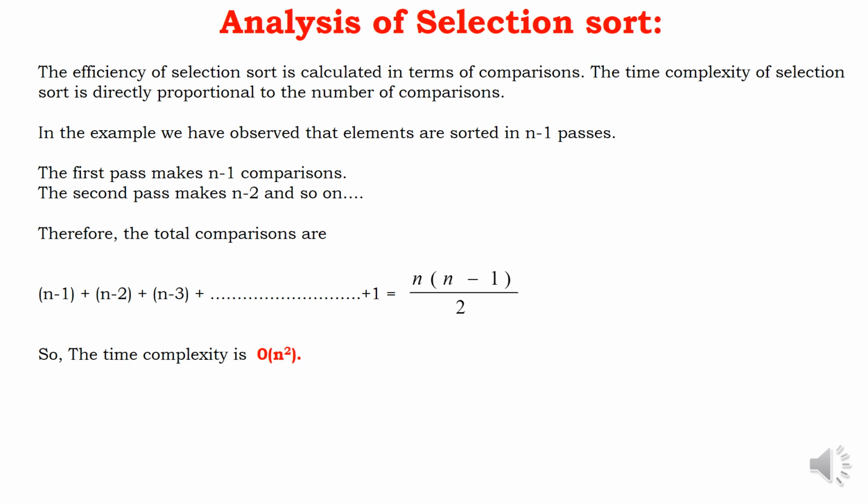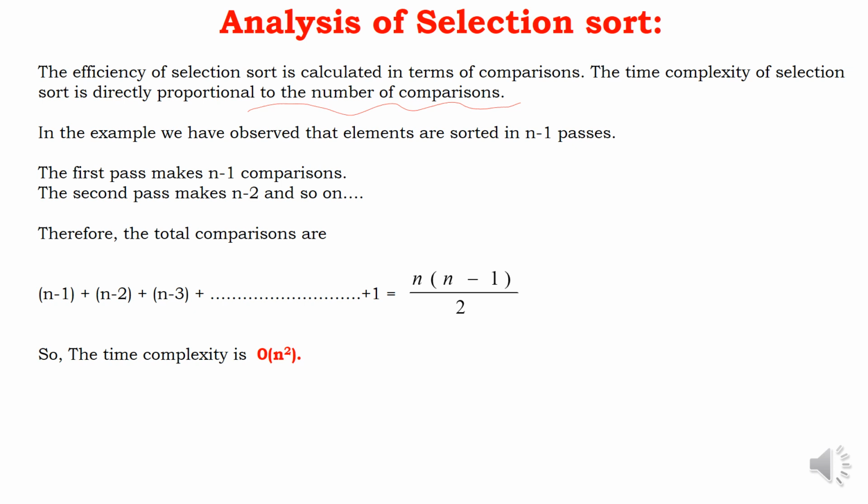Then analysis of the selection sort. The efficiency of selection sort is calculated in terms of comparisons. The time complexity of selection sort is directly proportional to the number of comparisons. As we have already seen, there are n minus 1 passes, and in every pass we have some number of comparisons.